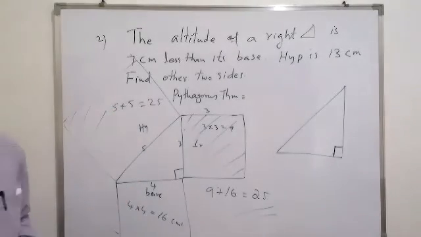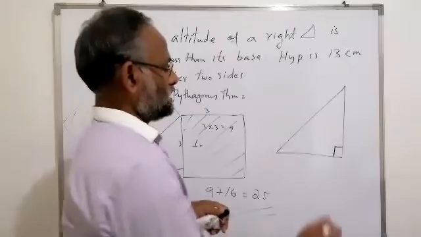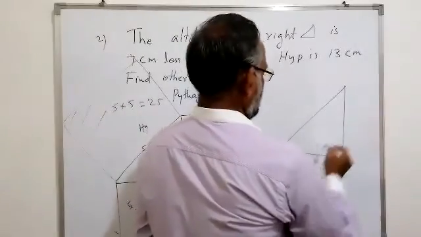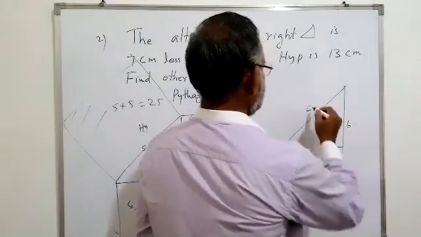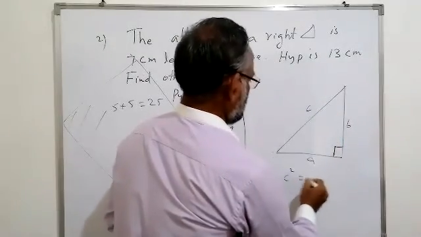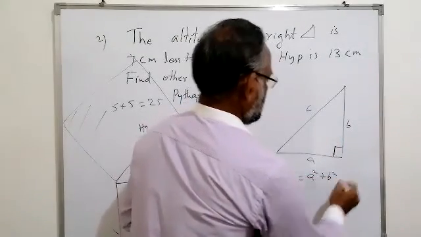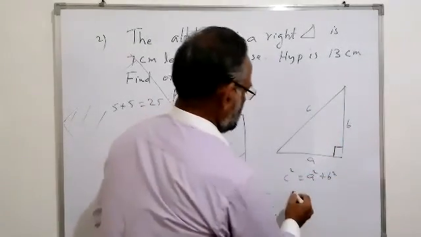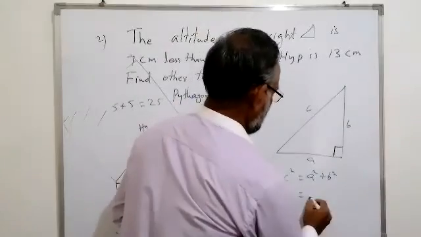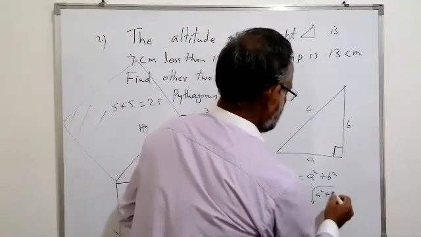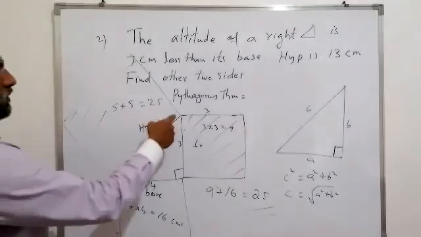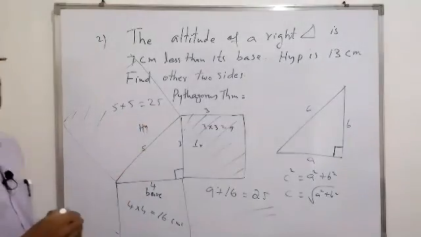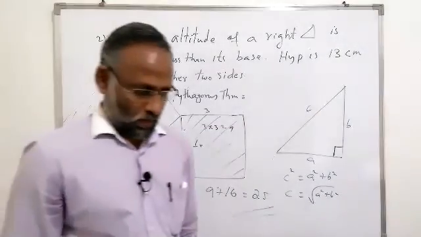Suppose this is A, this is B, this is C. We can say C square is equal to A square plus B square. That means C is equal to root of A square plus B square. This is very clear, root of 25 is 5.